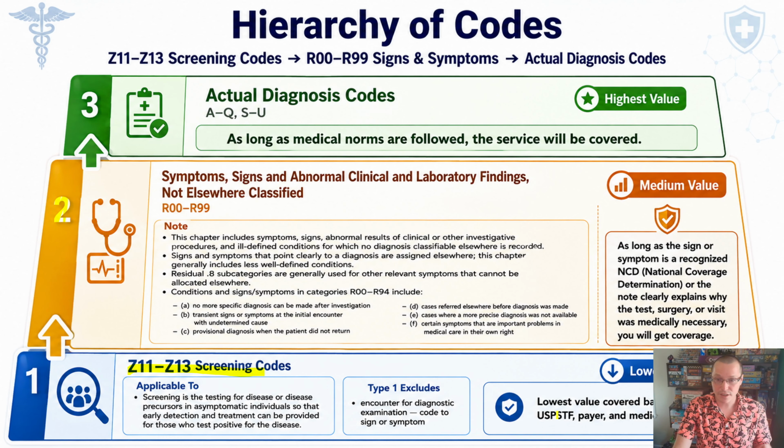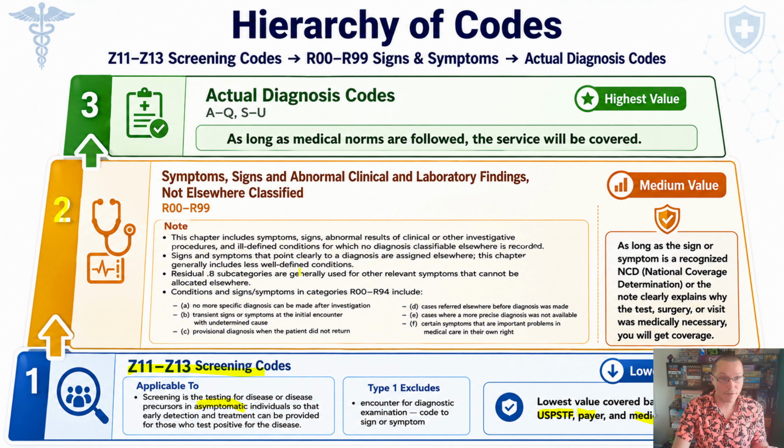Their coverage is usually based off of the United States Preventive Services Task Force, payer, or just current medical guidelines. That's how these codes work. These are basically the codes that you're going to use on a physical or a preventative visit only. And remember, it's for an asymptomatic person only. We are truly only screening for something.